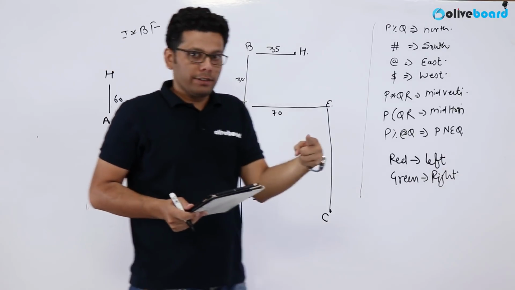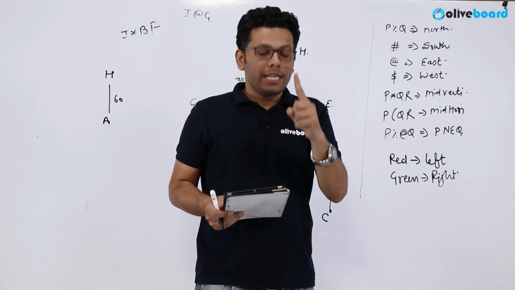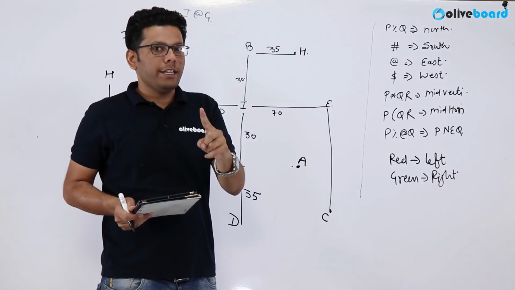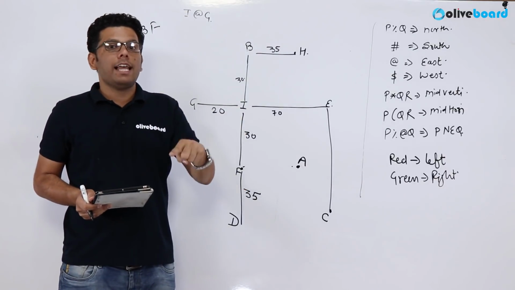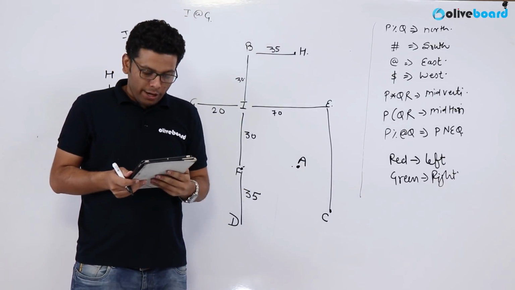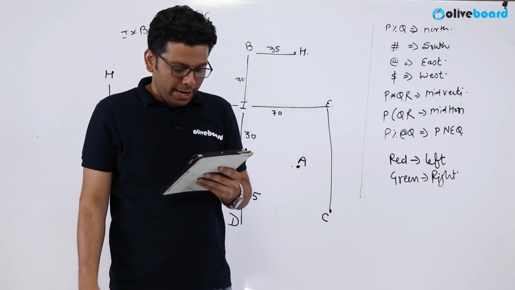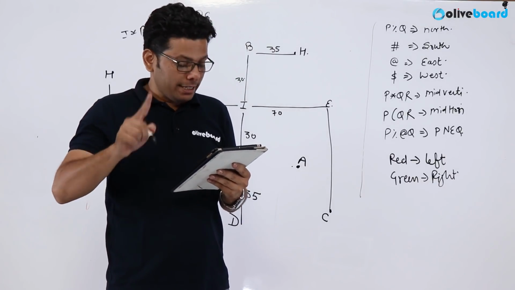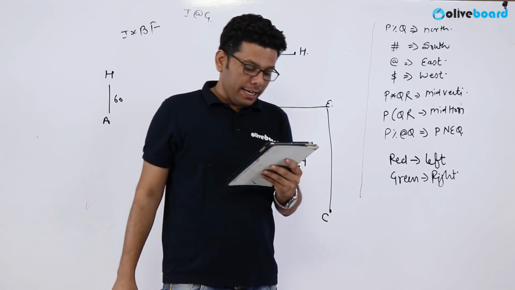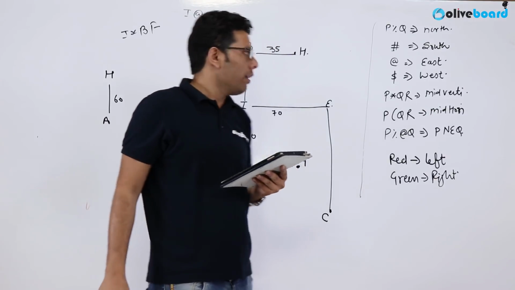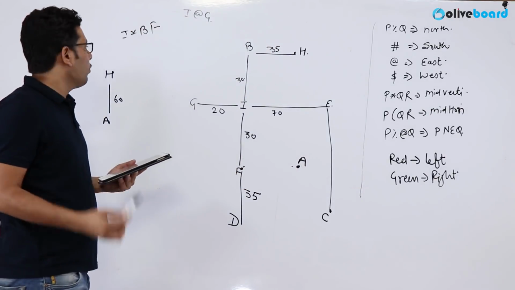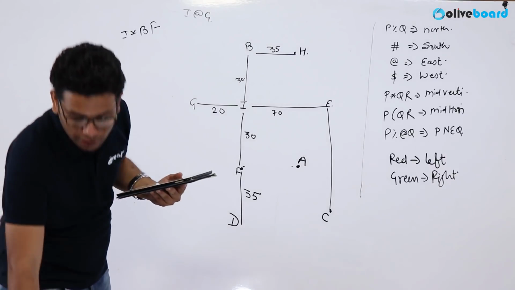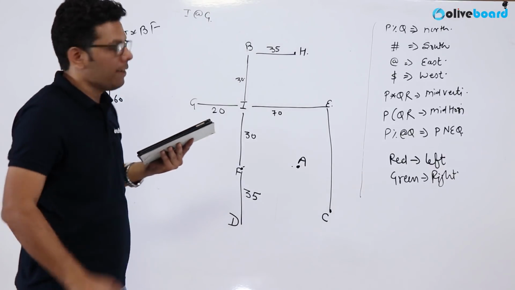Now the game starts. Your first trainer will give some instruction to the second trainer, and the second trainer will act accordingly. In the question they have also given the position of the second trainer. The second trainer is 25 meter $C.